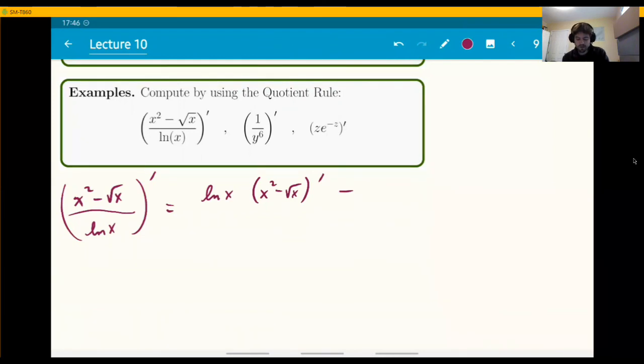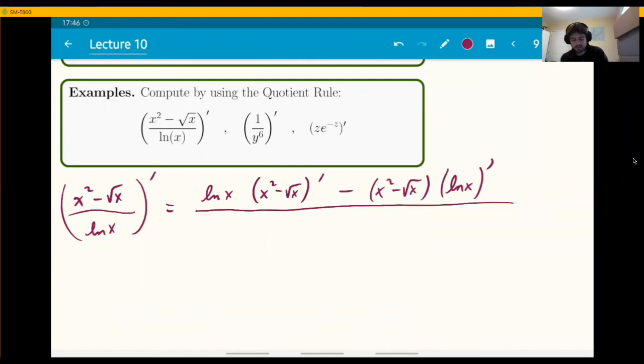Now minus high d low. Don't forget the parentheses here. The high function, the numerator, is 2 terms. And that function entirely must be multiplied by the derivative of the denominator. So we need this parenthesis. The whole thing is divided by ln squared, low squared.